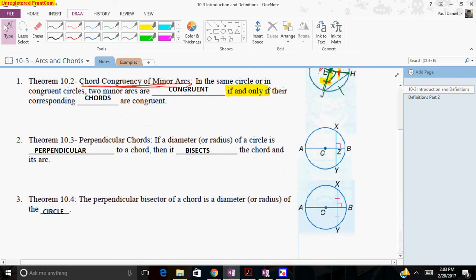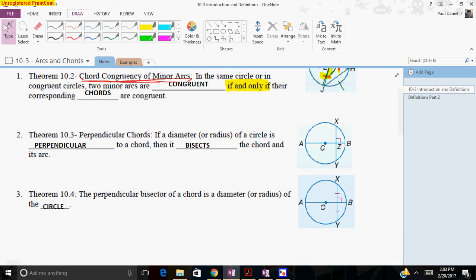All right. So the second theorem that you have in this section is about chords which are perpendicular to something. In this case, if we have a diameter or a radius that is perpendicular to a chord, so you can see right here, this diameter AB runs perpendicular to the chord XY, right?